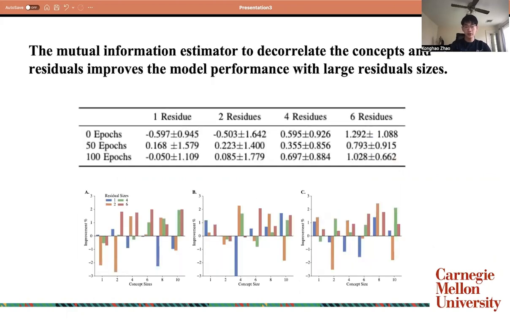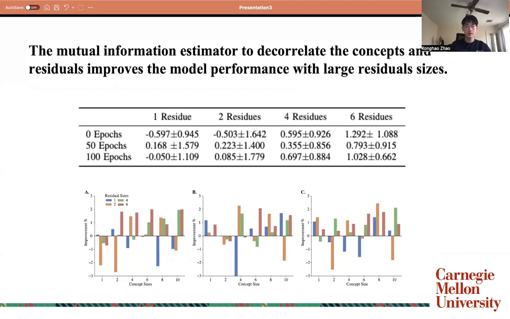And the last result is about the mutual information estimator. Because we add the residual layer to encode additional information from the concept layer, we don't want there to be overlapping information between those two layers.